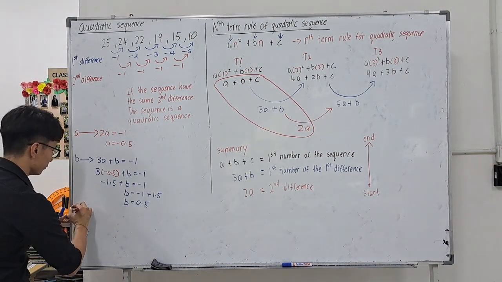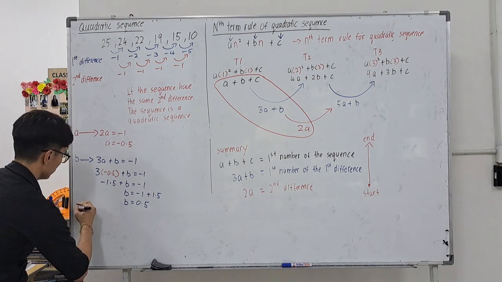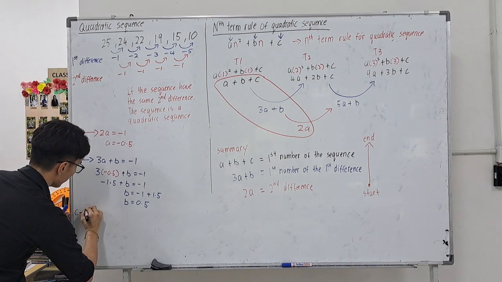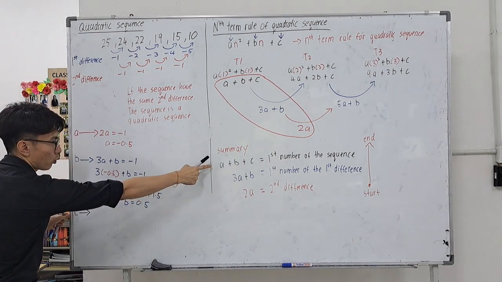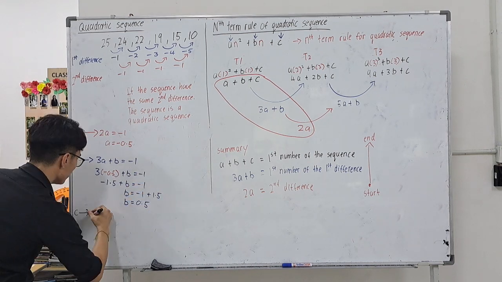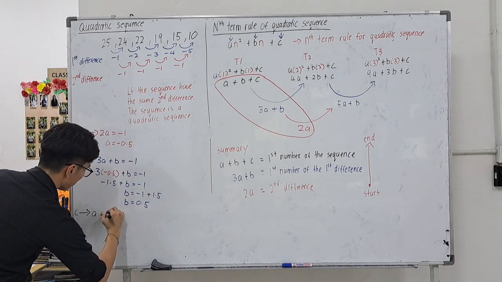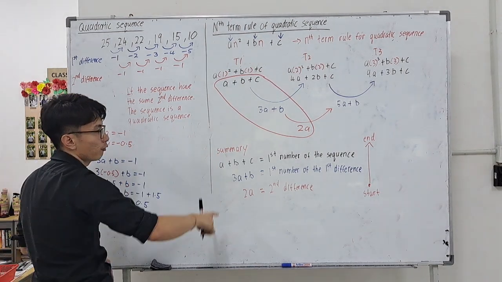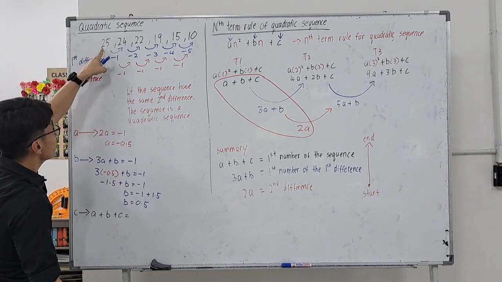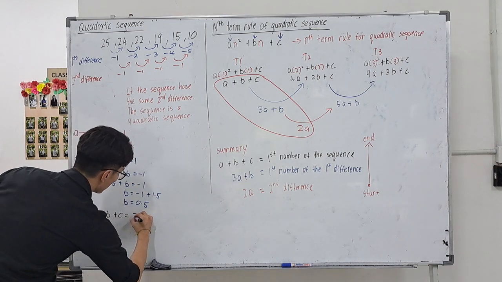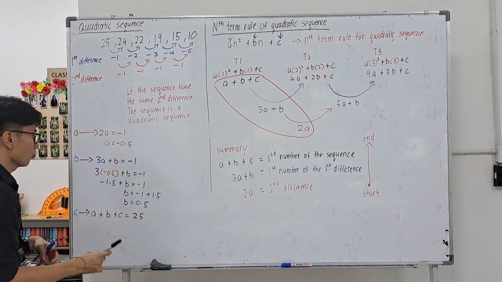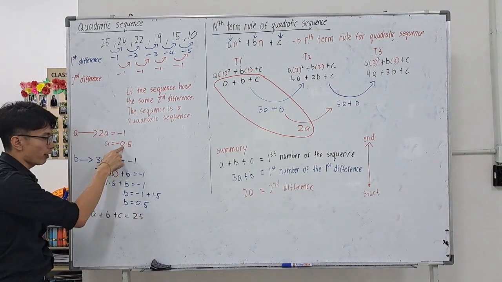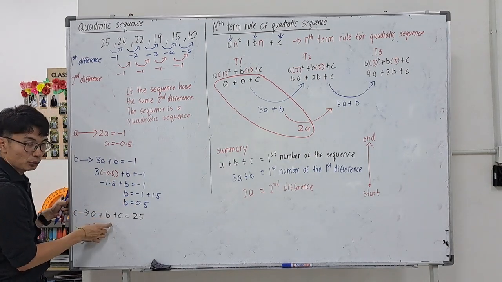Okay, so we have found the value of b, and lastly we just have to find our c. To find our c, I'm going to use the last formula over here. That's going to be a plus b plus c, and that will be equal to the first number of the sequence. So in this case, that's going to be 25. Since I already found my values of a and b, all I have to do is substitute here.